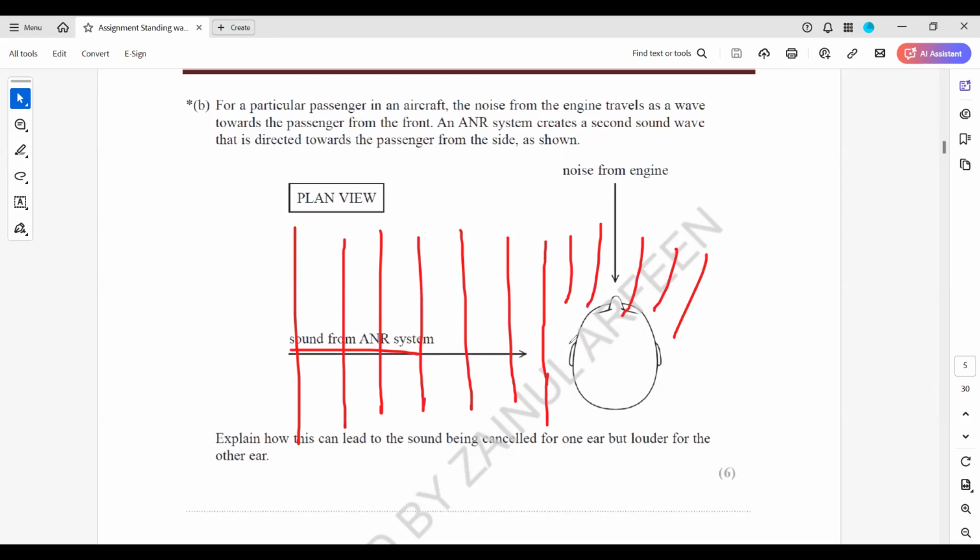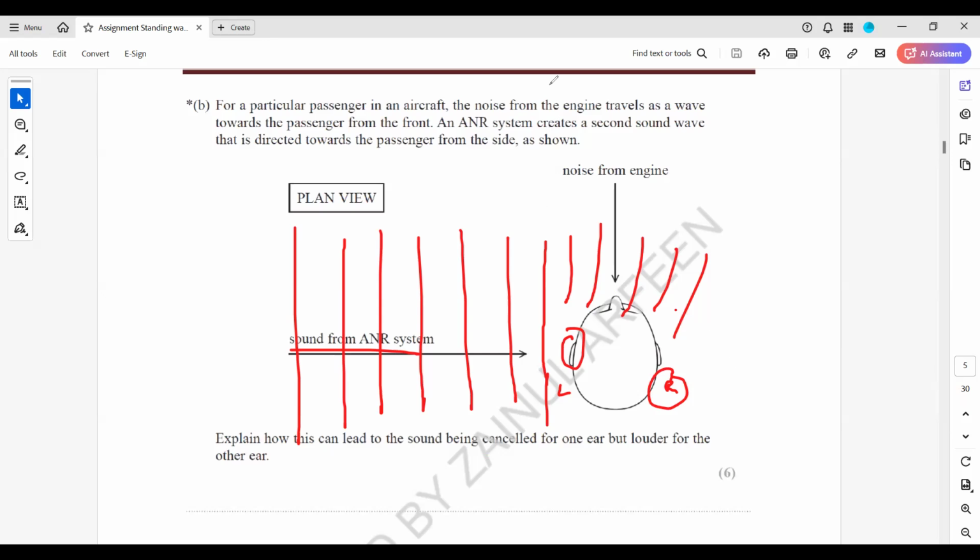So on the left hand ear, the sound is directly reaching. But on the right ear, the sound is reaching after diffraction. As a result of the diffraction, what will happen to the intensity of the sound?